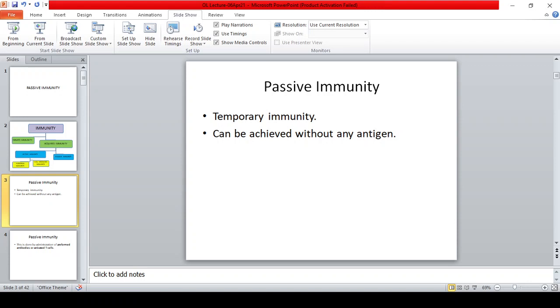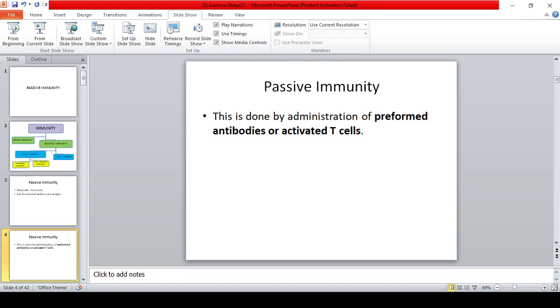Now, how does this take place? This is done by administration of preformed antibodies or activated T cells, meaning that it's not the body of the individual which forms the antibodies or activated T cells.